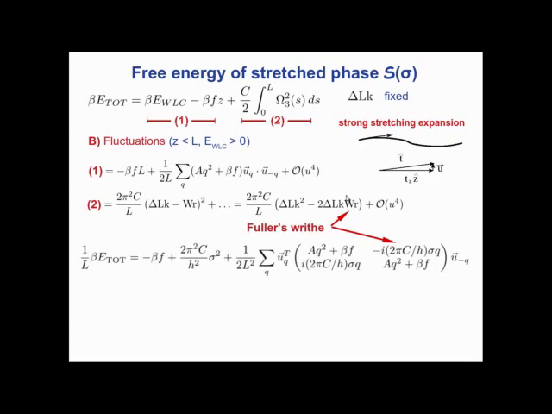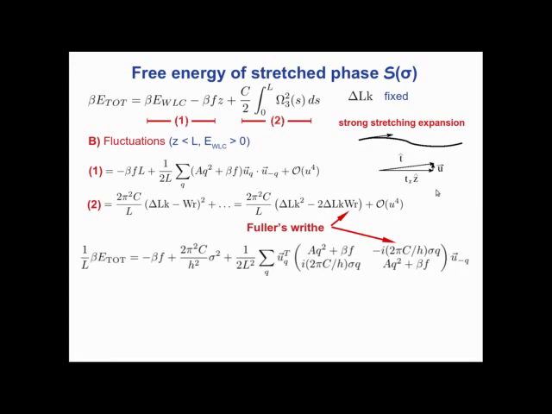And the writhe that was here, that was multiplying the linking number, multiplying this factor, now what I have to do is express this writhe in Fourier components u_q. If you do that and you collect these values, you see that this writhe gives rise to the off-diagonal terms of this matrix.